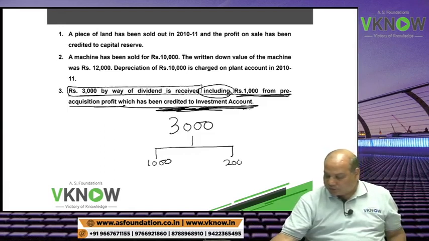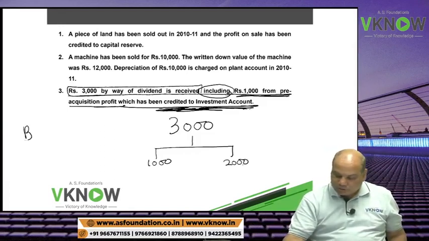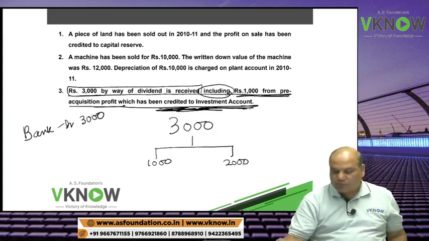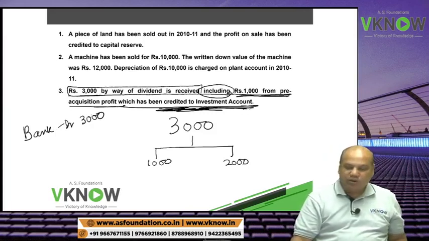So what this company has done, it has received a dividend of 3,000 rupees. Bank account debit 3,000.